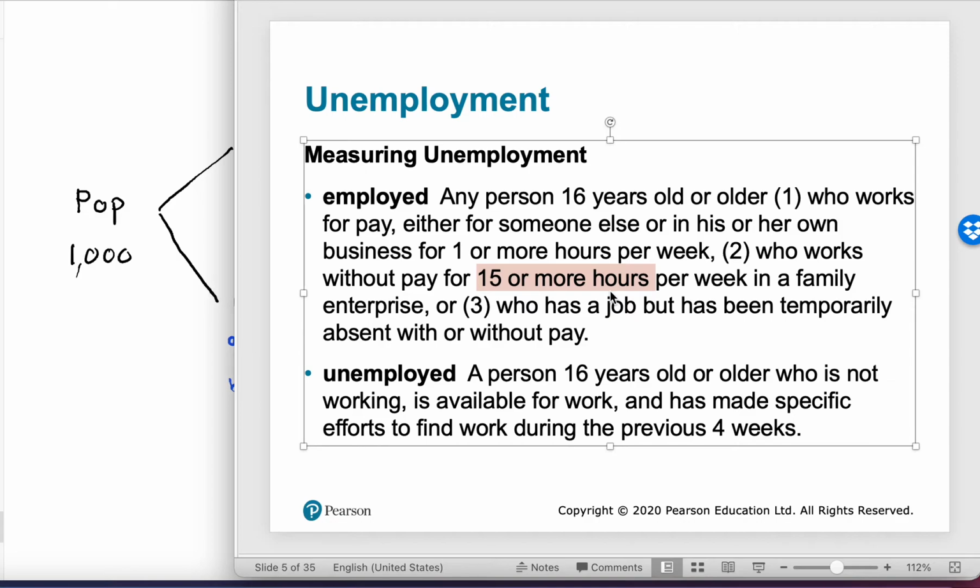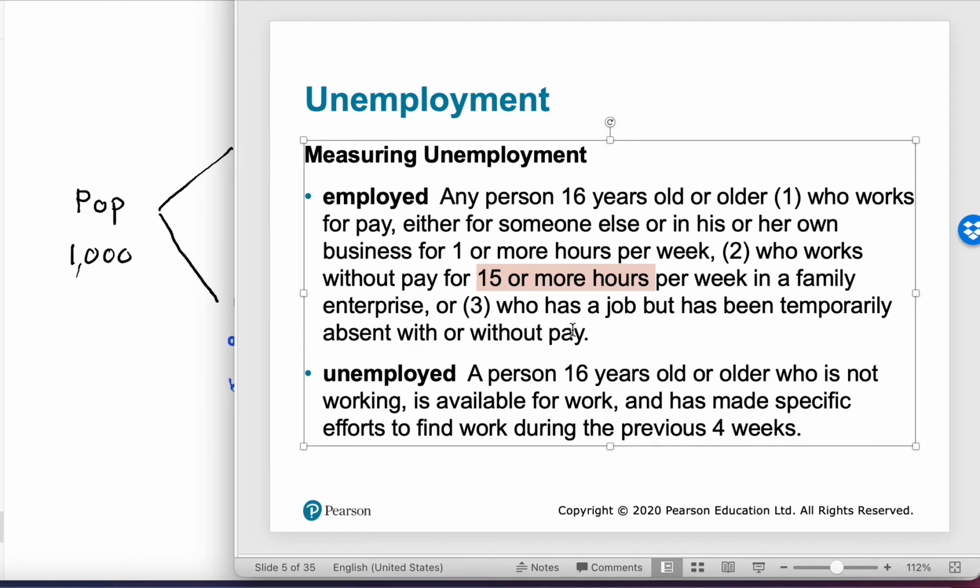These are like workers for charity, internship, or apprenticeship. They are basically creating something, and even though they are not paid, we count them as employed because they show they are able and willing. The reason for the first one is they are working and they get paid, even a small amount, so it shows their willingness and ability.